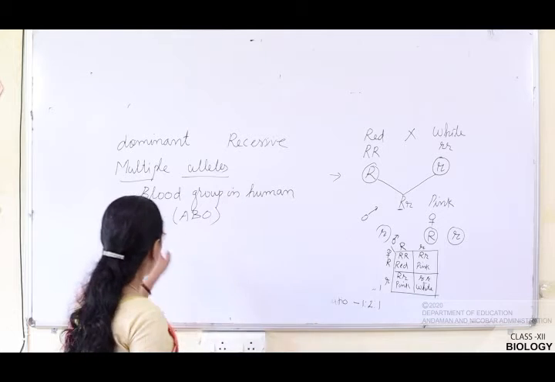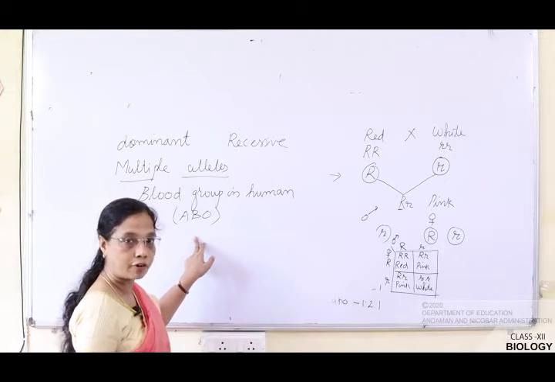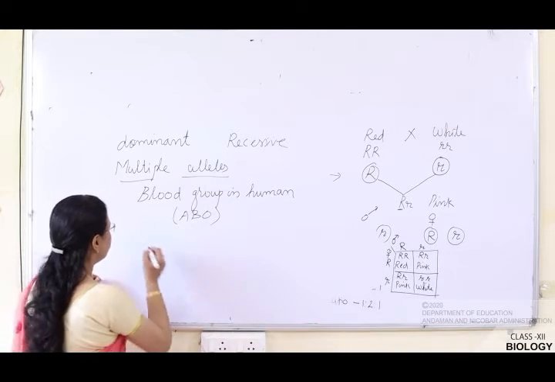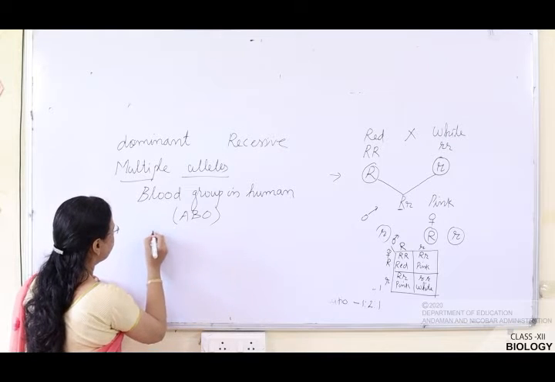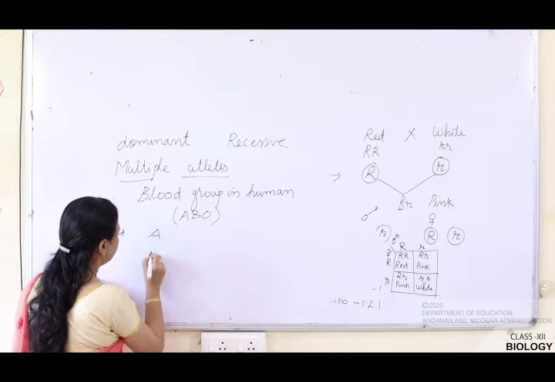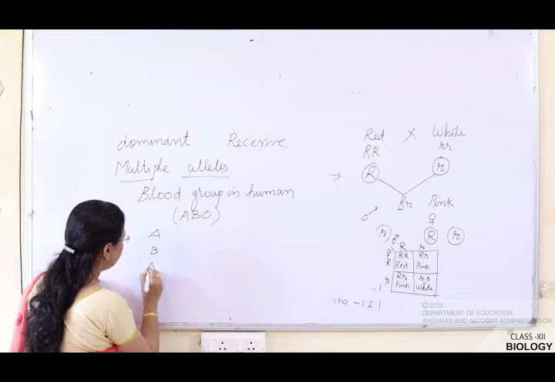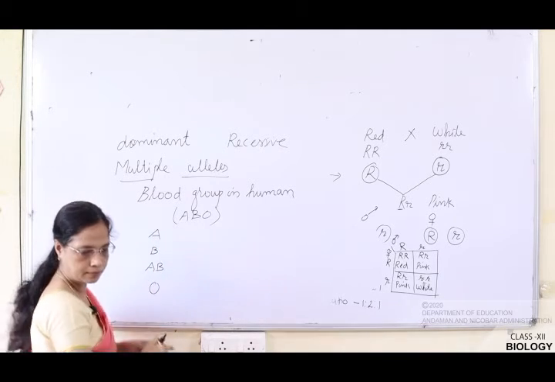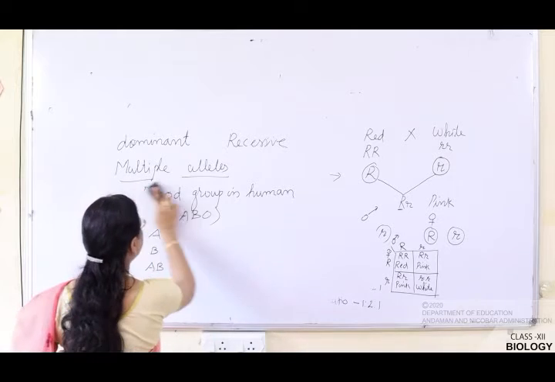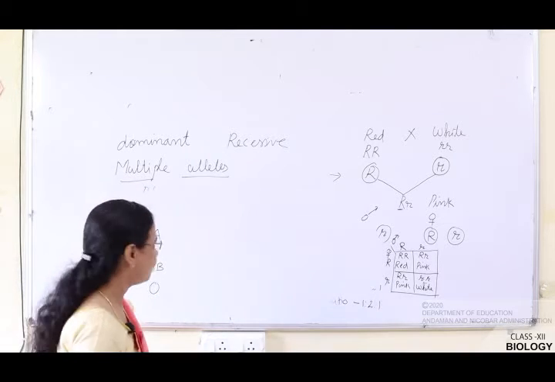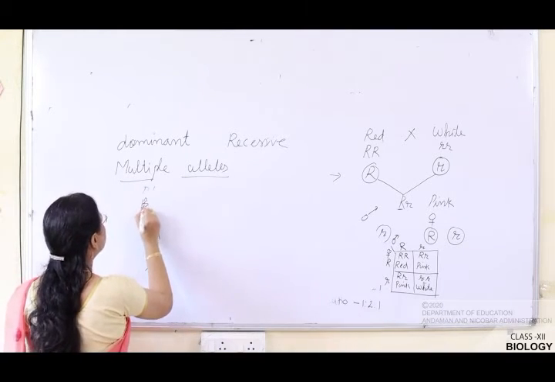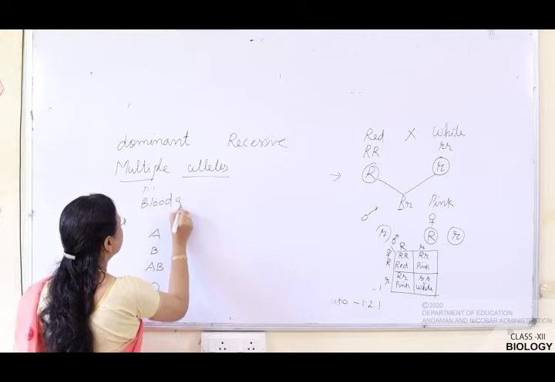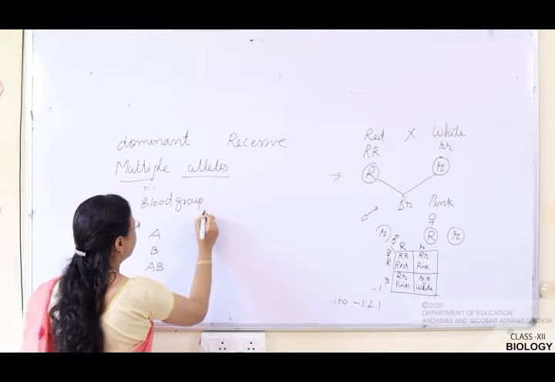Now, how are the blood groups formed? Now, you see here, how many types of blood groups are present? A, B, AB and O. These are the blood groups.